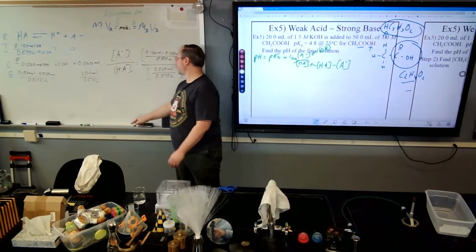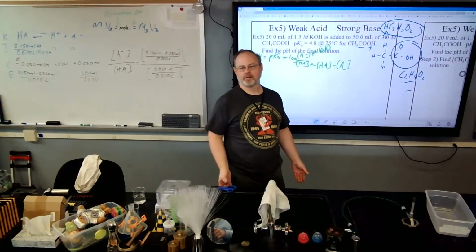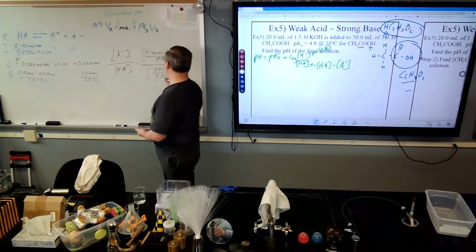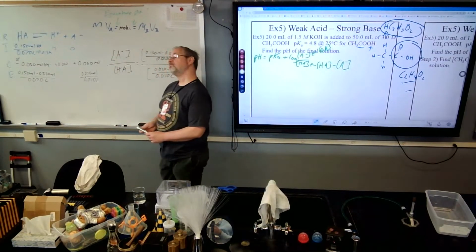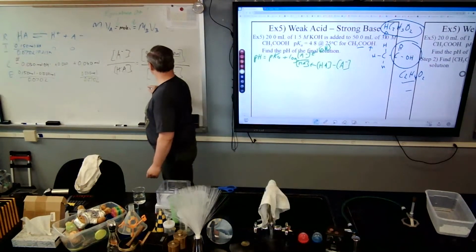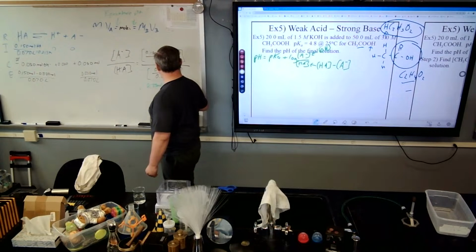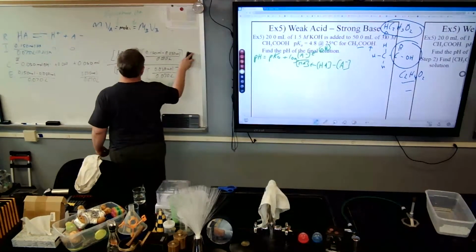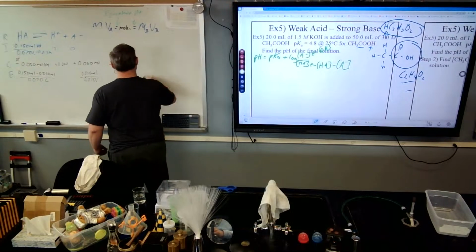If you want to do each of them separately, you totally can, and then just divide. Or you can realize, do I have the same volume? Do I have the same denominator in each case? So this becomes 0.150 moles minus 0.030 moles. I got them upside down. Oh, I got them upside down. I'm so sorry. I got them upside down.